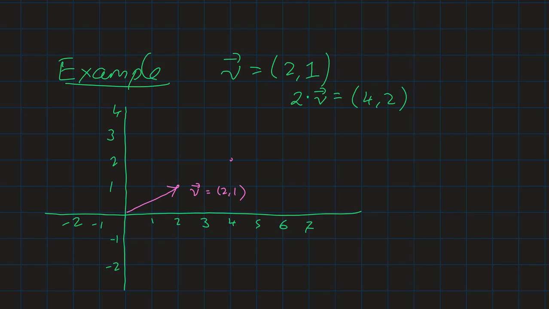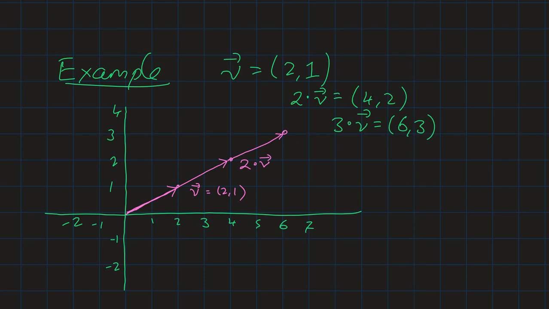So that's 4, 2. It's up there. So 2 times v is that vector there. How about 3 times v? That's 6, 3. So that's all the way there.